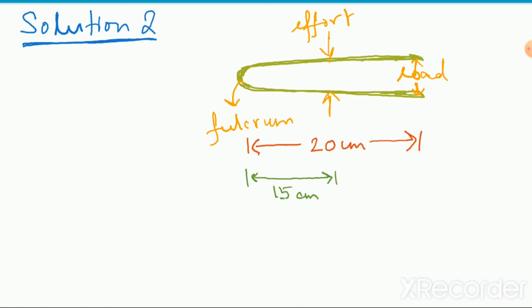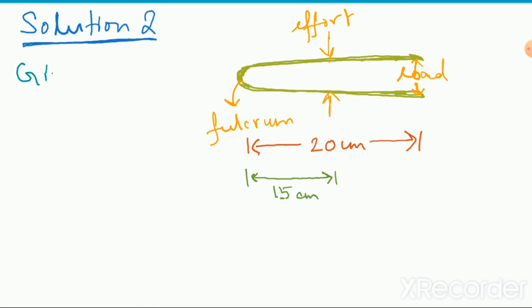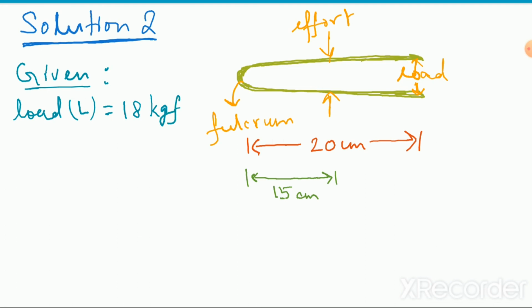Now from this figure, if you write the given conditions, what are the things given here? First of all, load L is equal to 18 kgf. Second is the load arm, LA, equal to 20 centimeters.